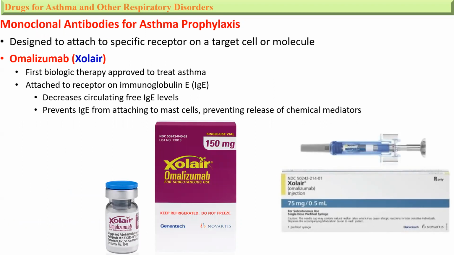Next drug is Xolair, which is the first biologic therapy approved to treat asthma. The drug attaches to the receptor on the IgE, decreasing circulating free IgE levels, and prevents the IgE from attaching to the mast cell, to prevent the release of chemical mediators, including histamine, leukotrienes, cytokines, and others.